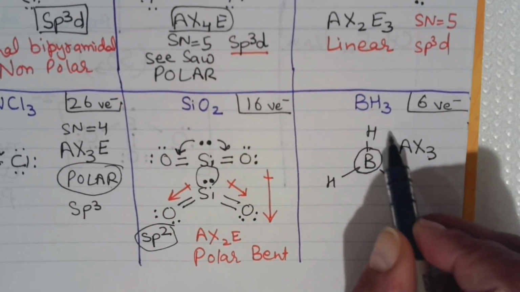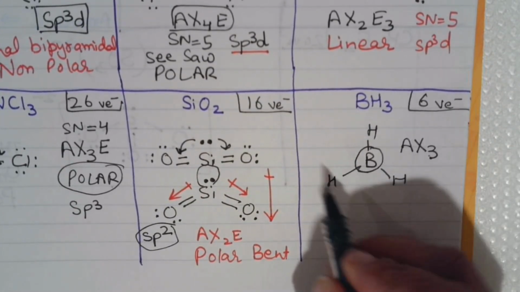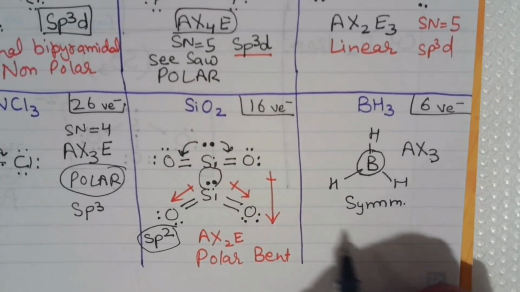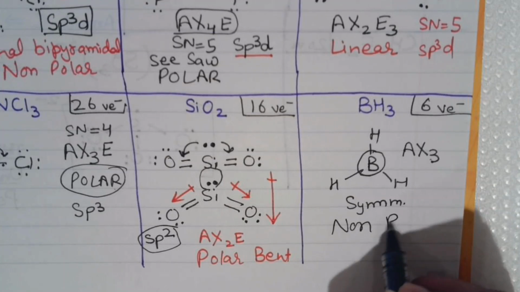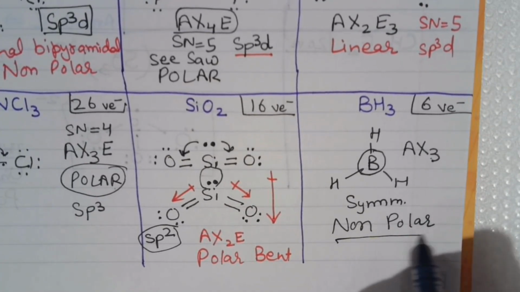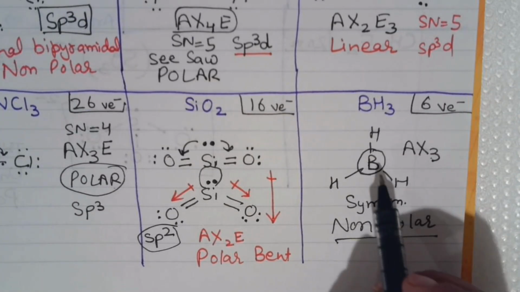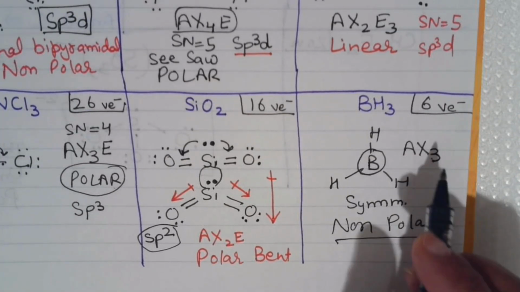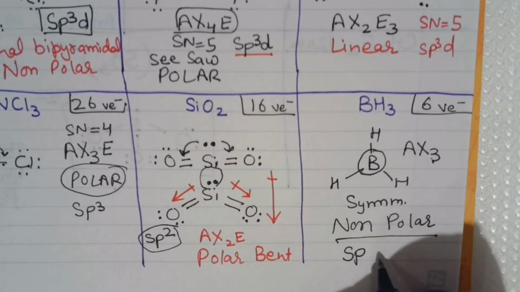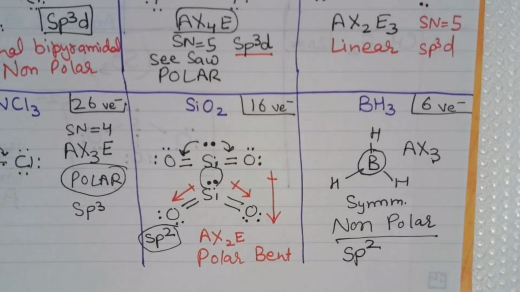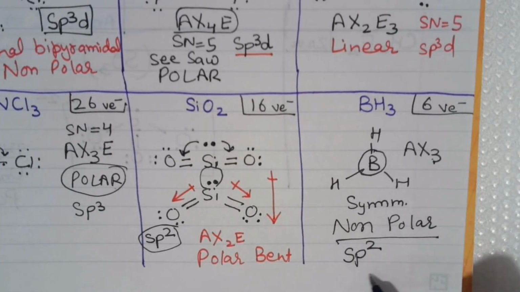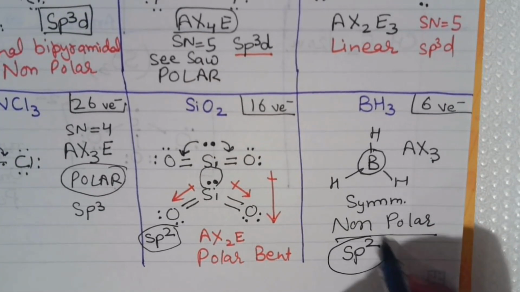Since all the X atoms, hydrogen, are the same, this molecule is symmetrical and hence it is a non-polar molecule, right? Symmetrical, non-polar, and since the steric number is 3, the hybridization would be sp2. When steric number is 3, the hybridization is sp2.